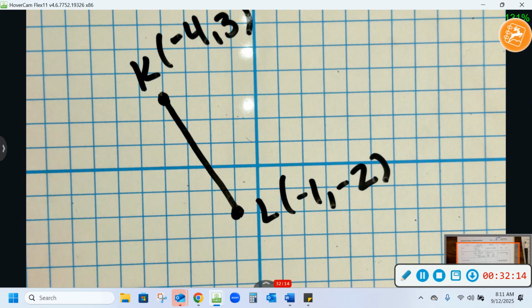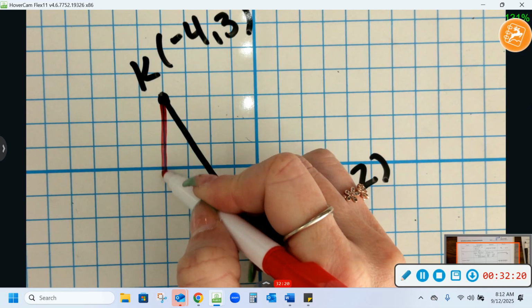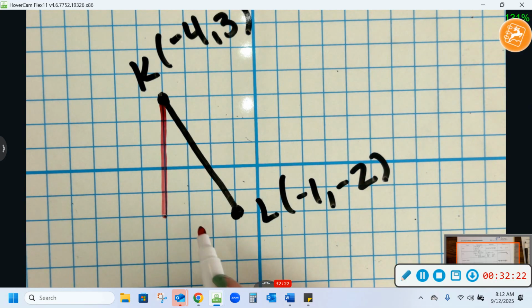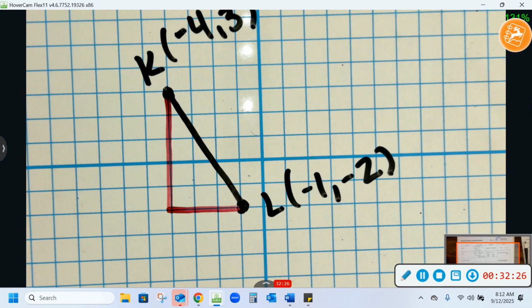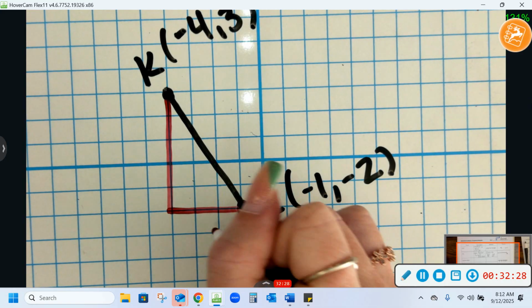Here's this slanted line. How in the world could I figure out how long it is? The whole reason the Pythagorean theorem was discovered was to find distance.